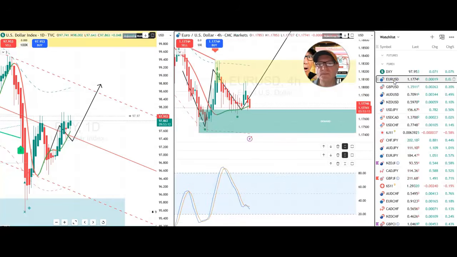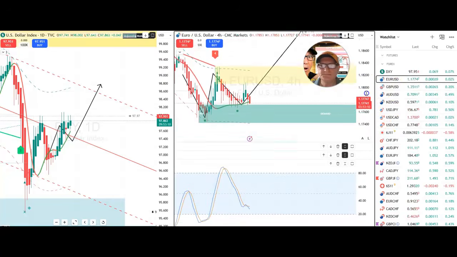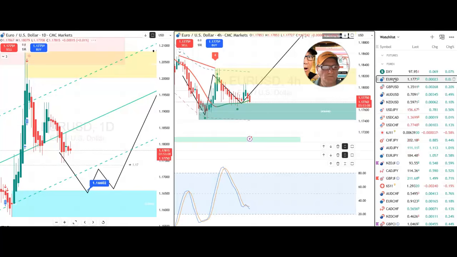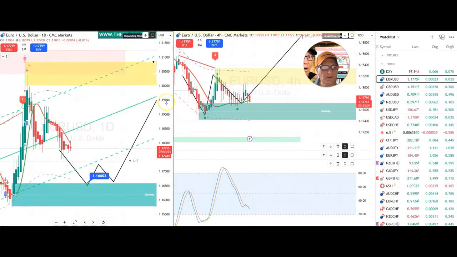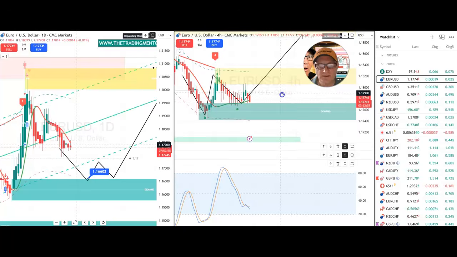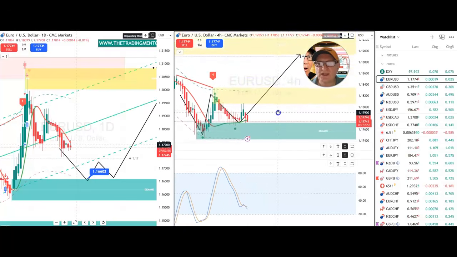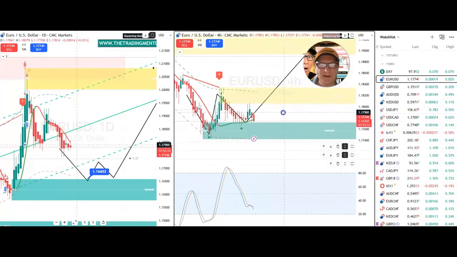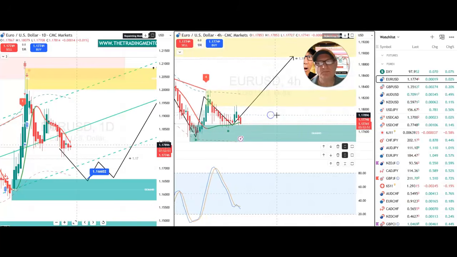So if I go through these charts slowly for you, because my connection's a little bit slow. We can see the euro dollar's moving down into demand. I like the W pattern, but in order for us to be successful with a long trade on the euro dollar, we need to see the dollar weakening, which we're not yet.